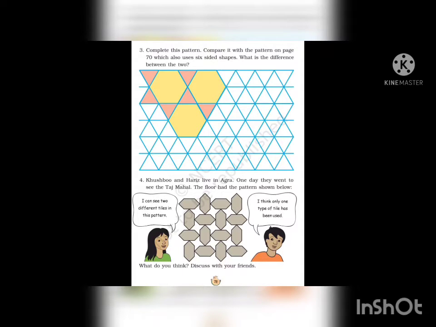The girl is saying, I can see two different tiles in this pattern, and the boy is saying, I think only one type of tile has been used. So what do you think? Discuss with your friends. Here we have to tell whether it is the same tile or two different types of tiles. Okay, let's see this question.